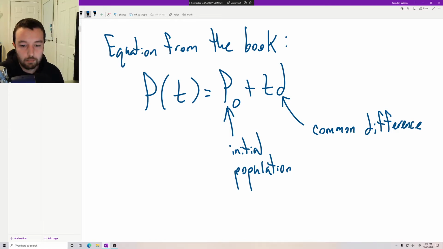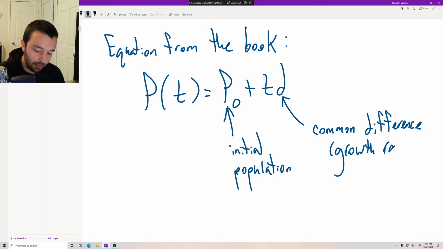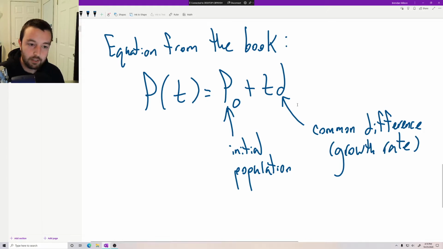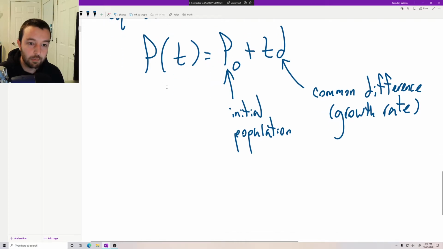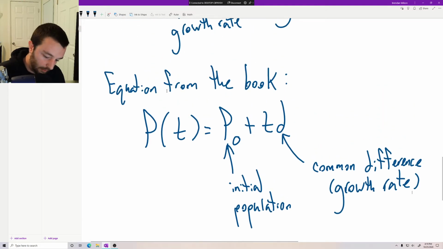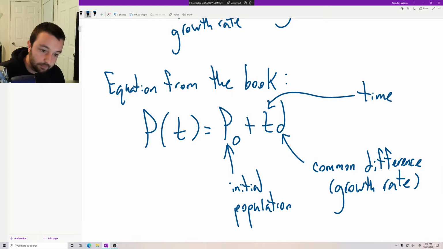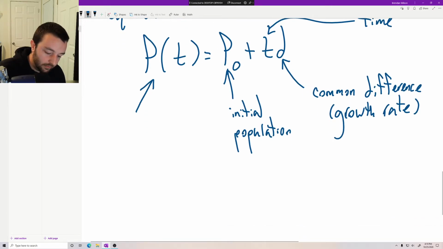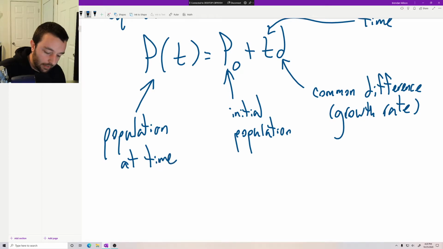It's just another way of saying the growth rate. It's how much you are going up every time. How much is your population growing by every time? And then your T is your time, and your P of T is your population at time T.